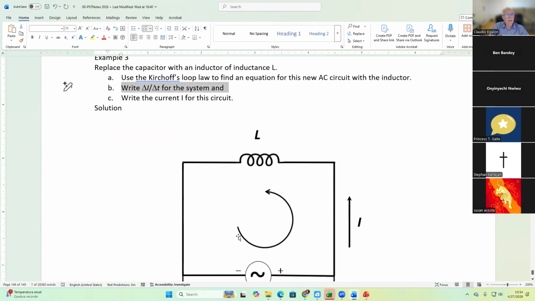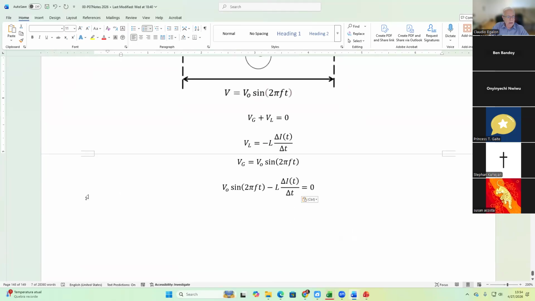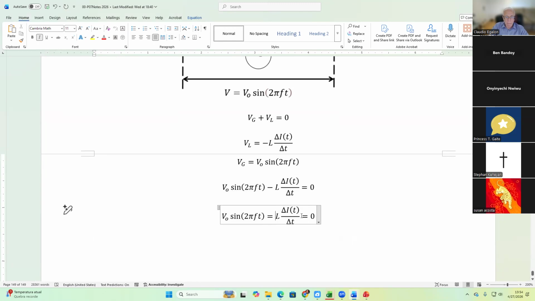And now I'll write delta I, delta T for the system. All I have to do is to separate delta I, delta T from the remaining equation. I want my delta I, delta T on the left side of the equation.